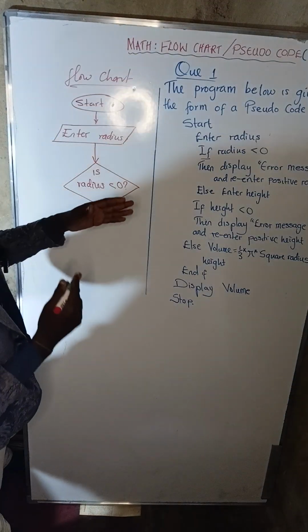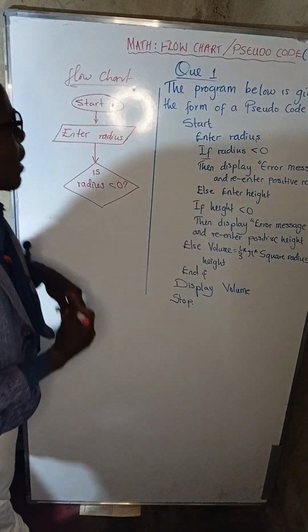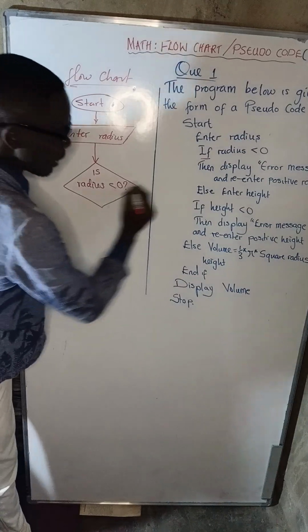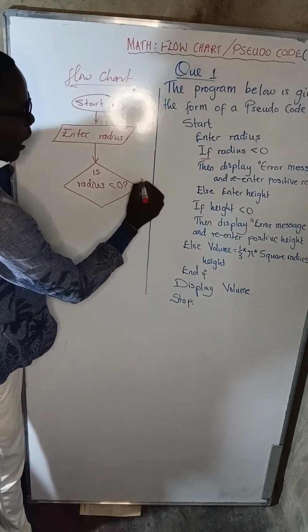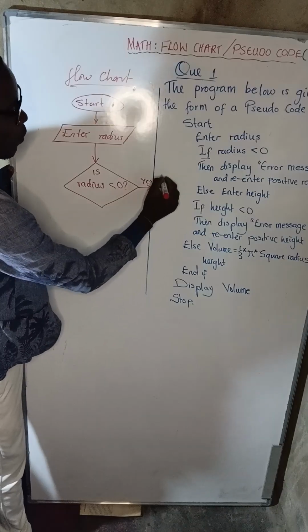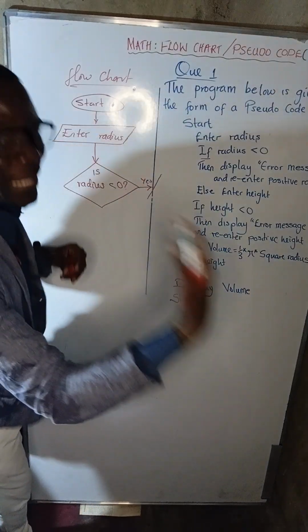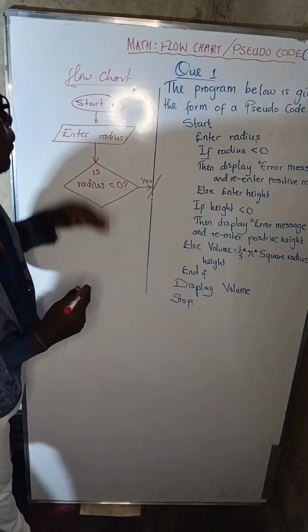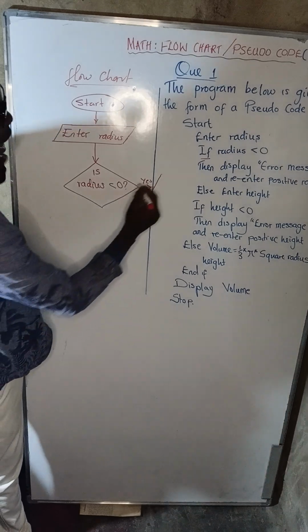Now let's see the question. They are saying then display error message. You display in this form. Whether you display, print or enter, we use the parallelogram shape.